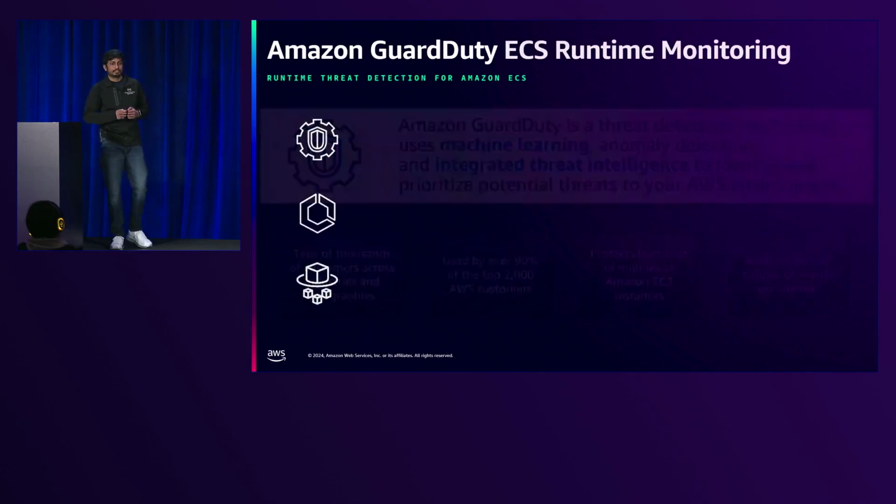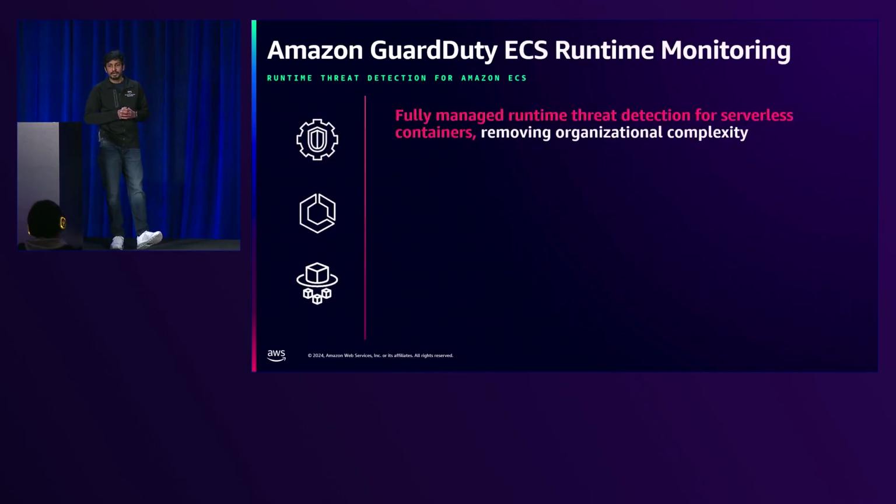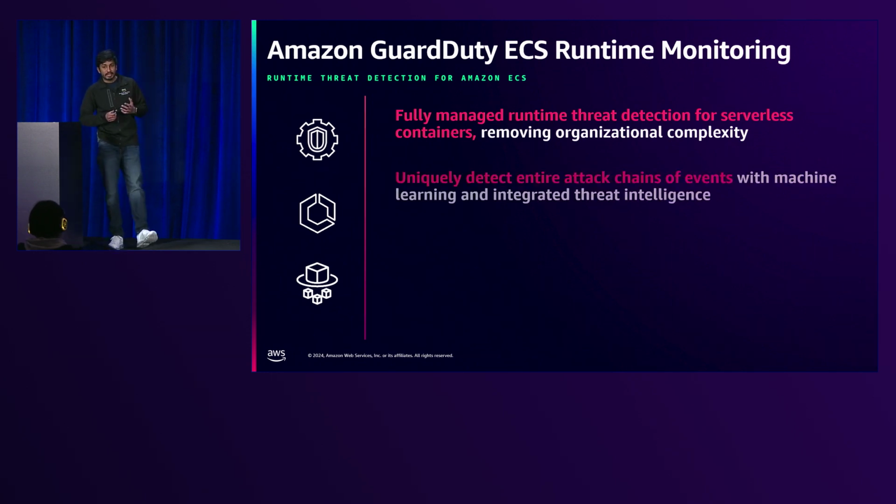Amazon GuardDuty offers ECS runtime monitoring, a fully managed runtime threat detection service specifically designed for serverless containers. One of its key benefits is that it removes the complexity that organizations often face in implementing security measures for these types of workloads, like serverless containers. GuardDuty uniquely detects entire attack chains of events using advanced machine learning, not just isolated events.